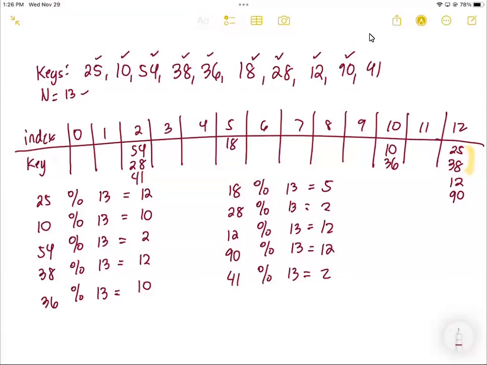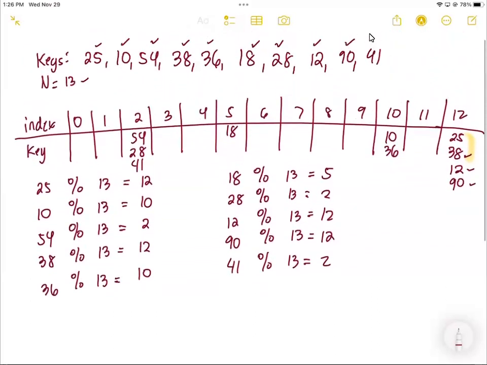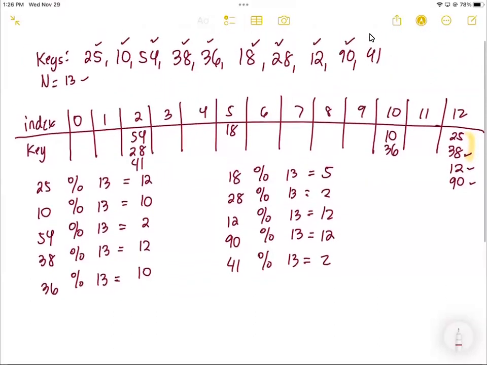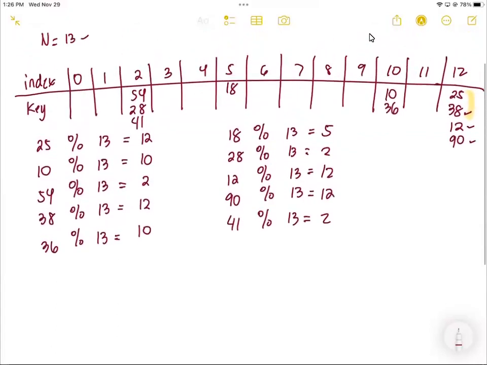So collision is happening, but what can we do to look for slots for keys like 38 or 12, 90, wherein a key is already inserted in that bucket? One way to do that is by using linear probing. Let's rewrite our keys again.